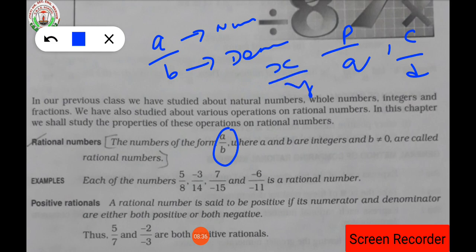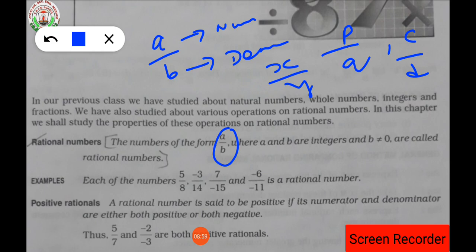It is not compulsory to use only a by b or p by q or c by d. You can use any alphabet. The thing is that it is in the form of a fraction. Clear? You can place any alphabet in the numerator and denominator.